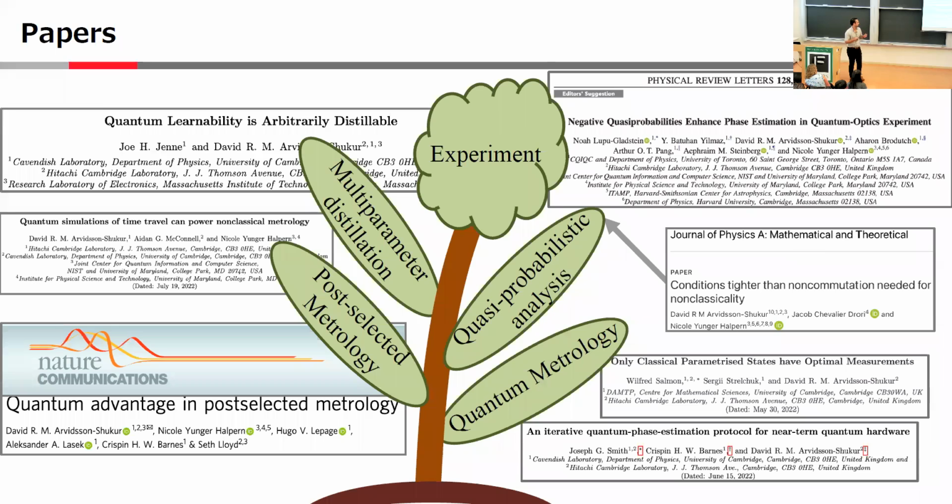We published a bunch of papers on various things with this. I'll just mention that the most exciting thing we had out recently was with Ephraim and two of his very talented students, Noah and Batuhan. And I think, Batuhan, you have a poster of the single parameter experimental realization of this information compression out here.